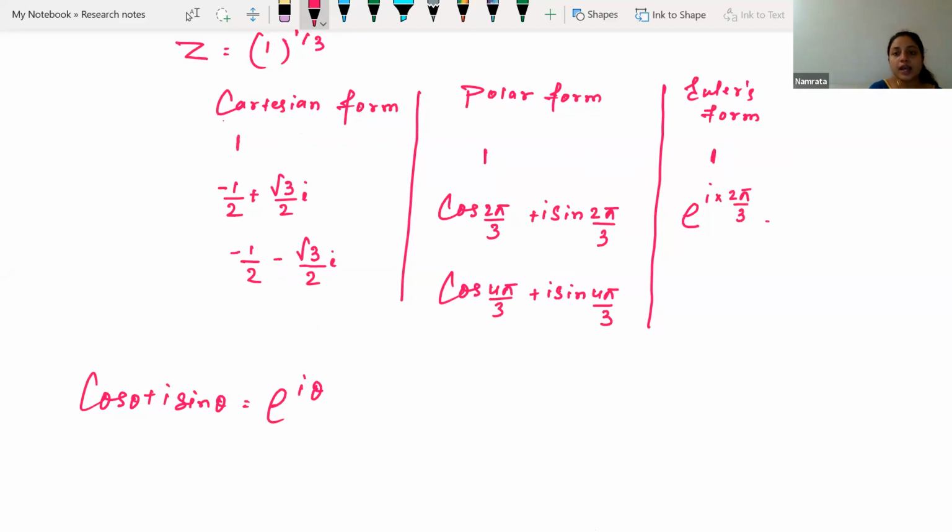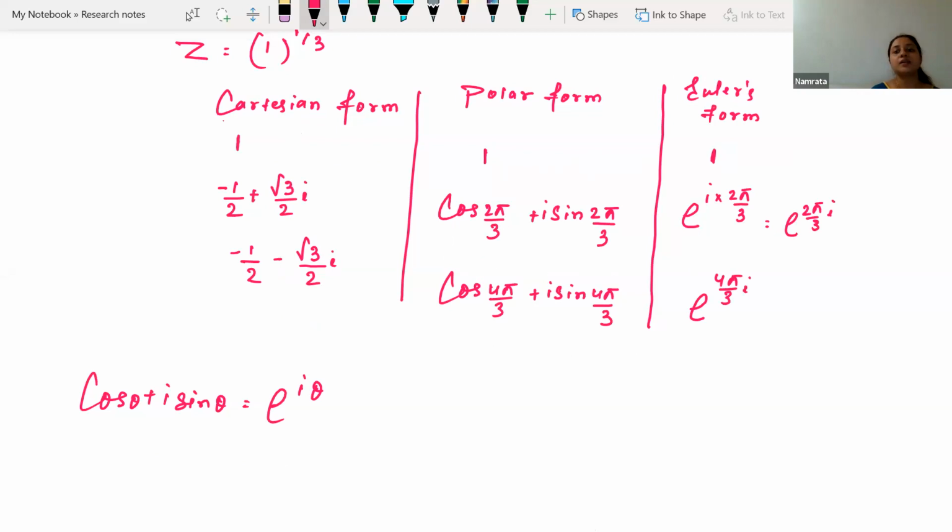So can I write it as e to the power 2 pi by 3 I? Yes, ma'am. And the next one, can I write it as e to the power 4 pi by 3 I?